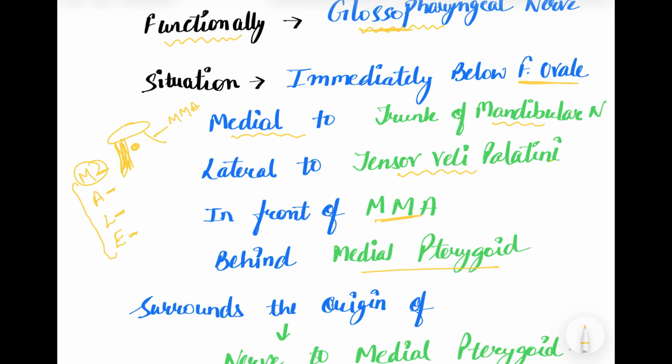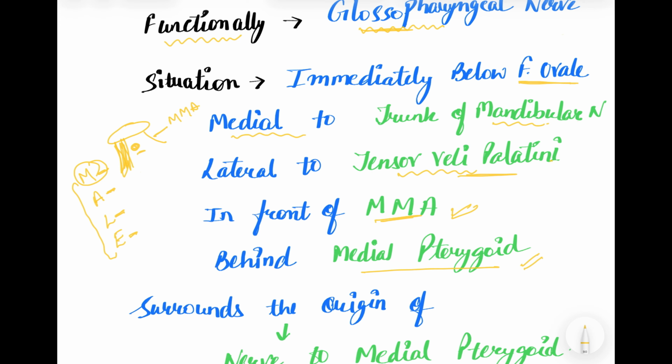So these are the structures related to this ganglia: the mandibular nerve medially, tensor veli palatini laterally, the middle meningeal artery in front, and the medial pterygoid behind.